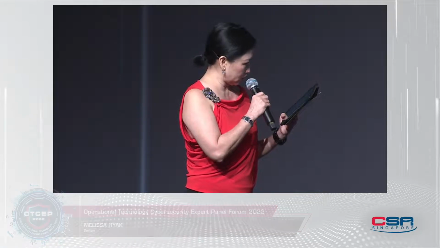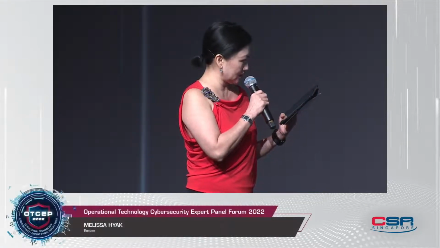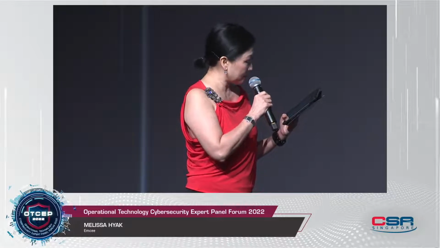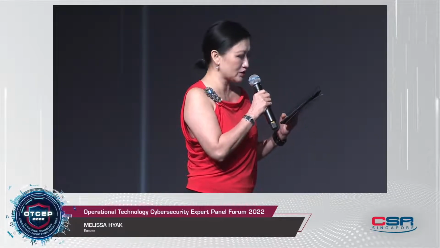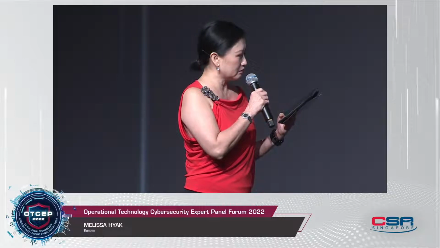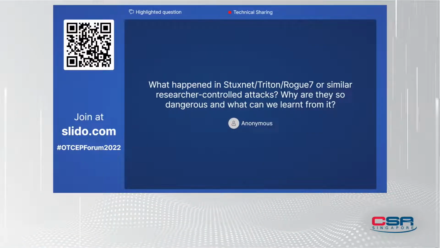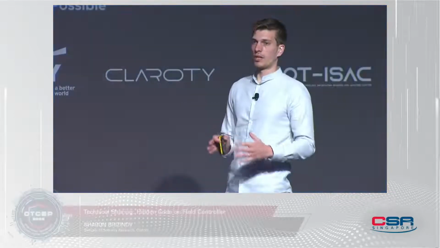And the person who posed this question would like to understand a bit more about what happened in Stuxnet, Triton, Rogue7 or similar attacks. Why are they considered so dangerous, and what are the top lessons that we can learn from them? Yeah, that's a really good question. I think what's so dangerous about them is that they're stealthy.